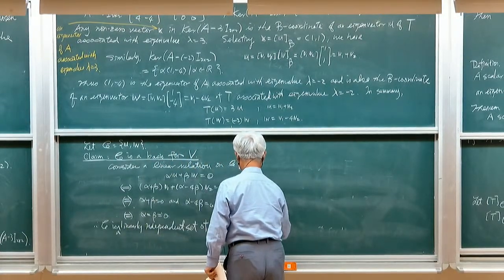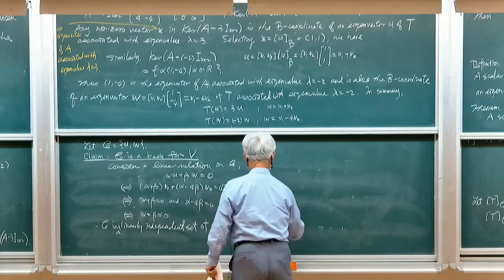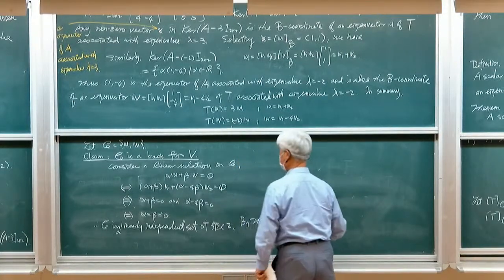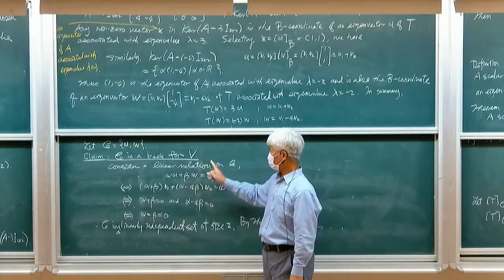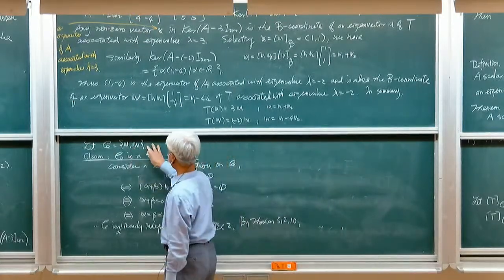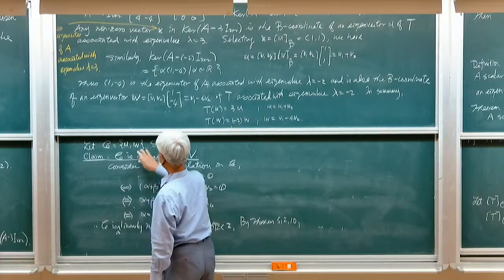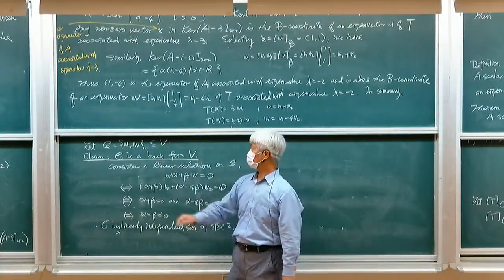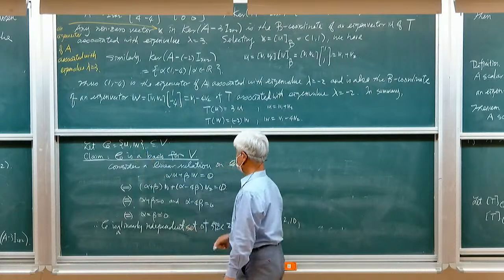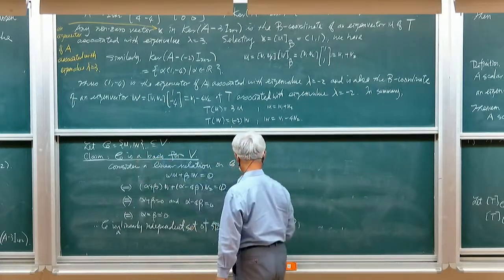Now, by theorem 5.2.10, because V is 2-dimensional, and C is contained in V, and V has a linearly independent set of size 2, this linearly independent set should be a basis.